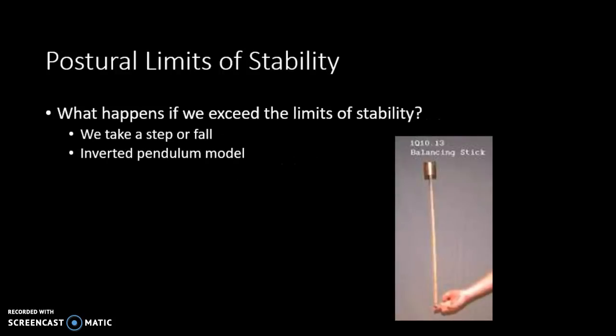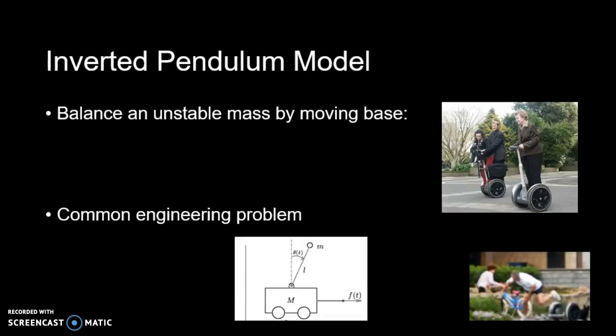And our postural limits of stability, so what happens if we exceed these limits of postural stability? We're going to fall. So again, that inverted pendulum, if you look at that picture right there, if that pendulum falls too far outside the base of support, it's just going to fall, or in our case, we would probably take a step. So it's very hard to balance an unstable mass with a moving base, and this is a common engineering problem.